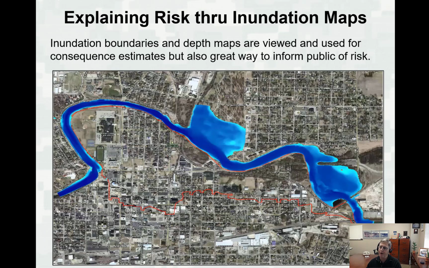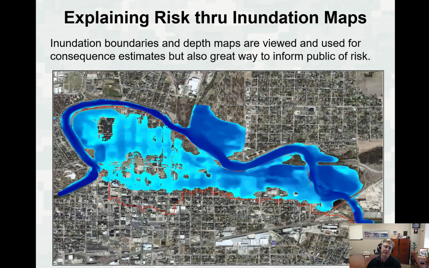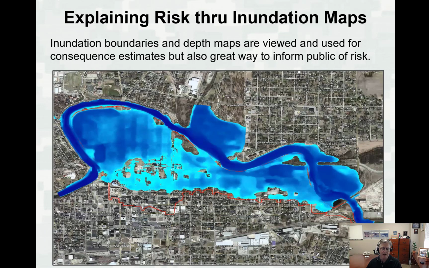So a 1D model in the interior area can show you where your water gets wet, but a 2D model can also show you how soon you're going to get wet. This is very important for emergency action plans, for telling people how quickly they have to get out of harm's way, and that type of thing. By running a 2D model, now we can not only show you who's going to get wet, but we can tell you when you're going to get wet.